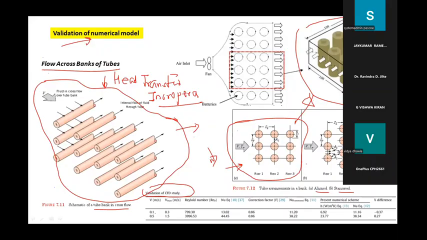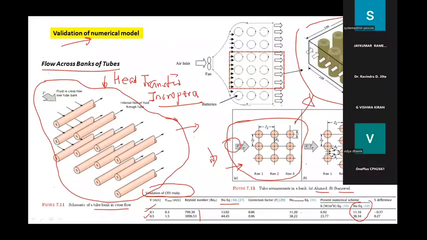We have taken two cases of passing the velocity, at 0.1 meter per second and 0.5 meter per second, calculating the Reynolds number given in the textbook, calculating the Nusselt number by the equation, and then finding the equivalent Nusselt number by the simulation.